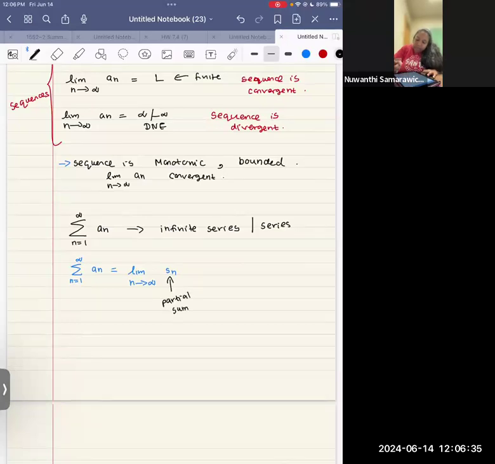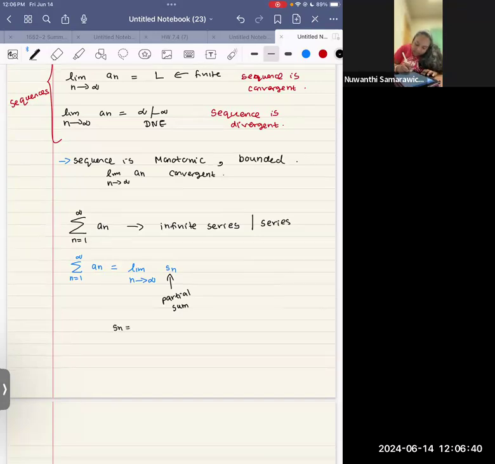If we write the partial sum as s sub n, this means you add all the terms up to a sub n. So an infinite series means we find the partial sum when n approaches infinity.